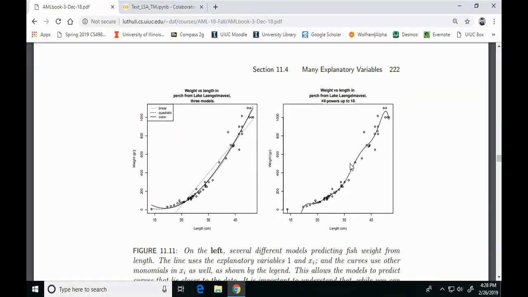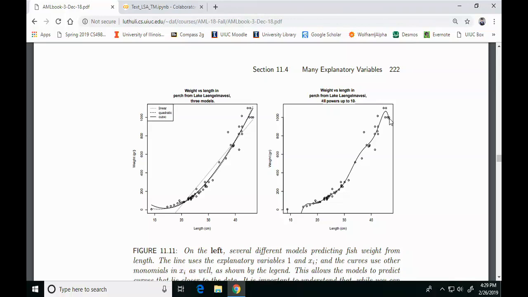It's unlikely that between 35 and 37 fish get suddenly heavier and then lighter. This is sort of an overfitting, where we've fit to the data too much and we end up getting these undulations in the data fit. And certainly at the top end here, it's obvious that after you go over a certain length, all of a sudden the weight of your fish doesn't drop.